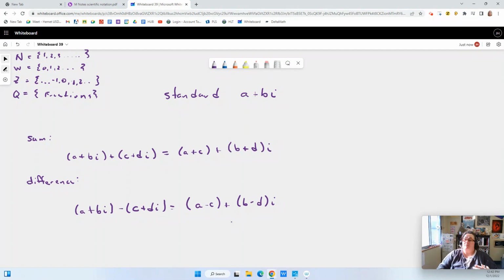Now, those are your standard forms of writing them out, but let's talk about that in terms of actual problems, right? Let's do some examples.